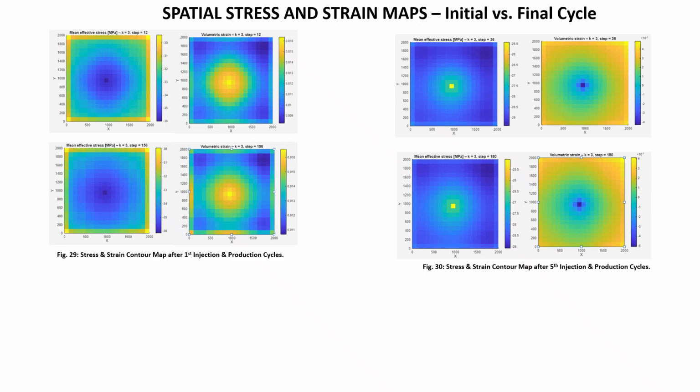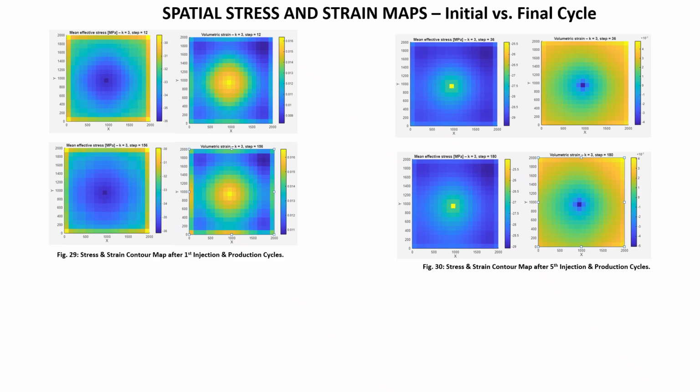But what is important here is the magnitude and the pattern are almost identical in cycle 1 and cycle 5. The zone of reduced compression does not expand or intensify over the cycles, which also mirrors what we saw in the Mohr cycles from cycle 1 and 5. So meaning there is no progressive movement towards tension or failure.